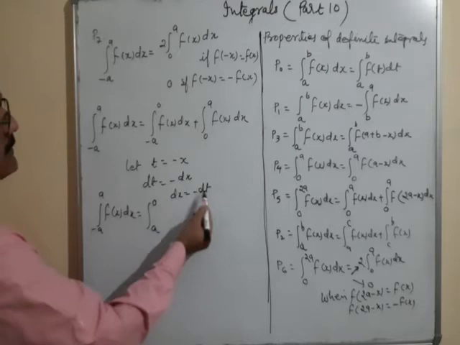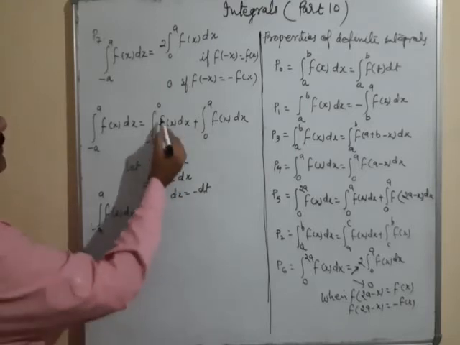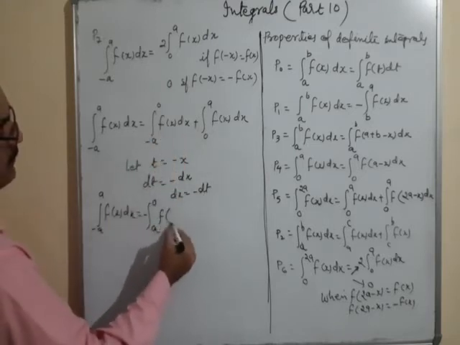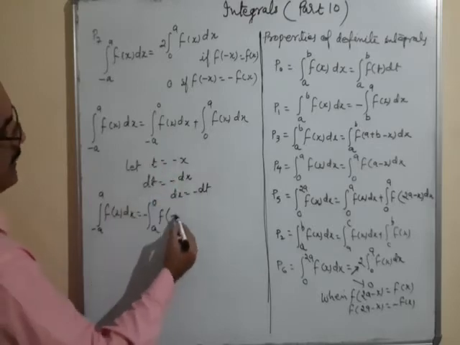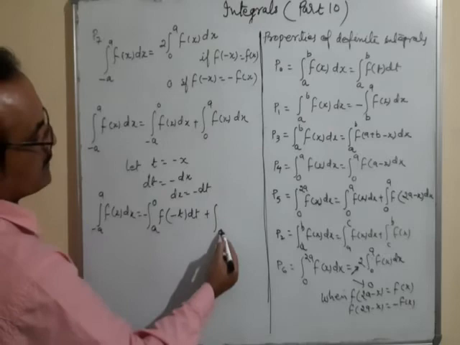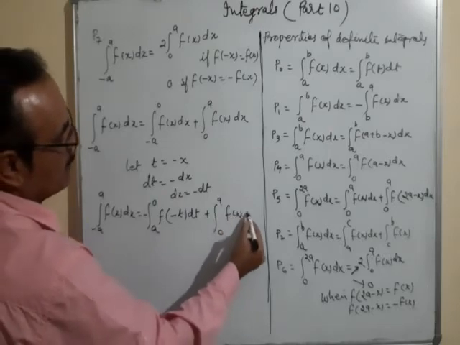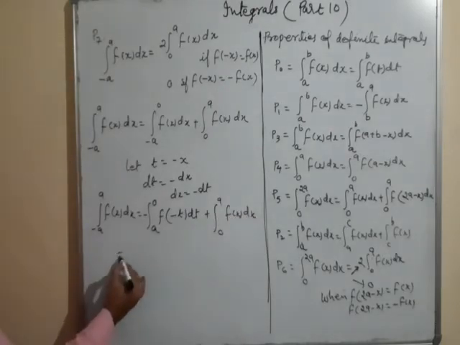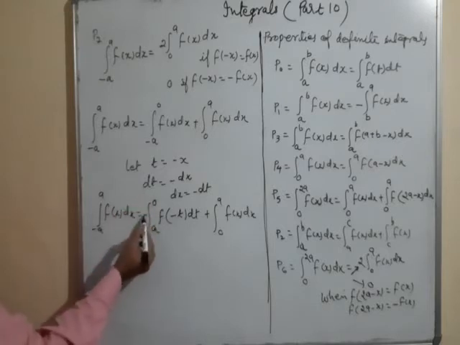In place of dx, that is minus dt, the minus sign comes out, and f of x becomes f of minus t, dt, plus the remaining 0 to a f of x dx. So when we change the limit, this sign will change.